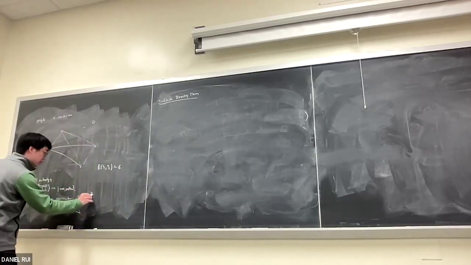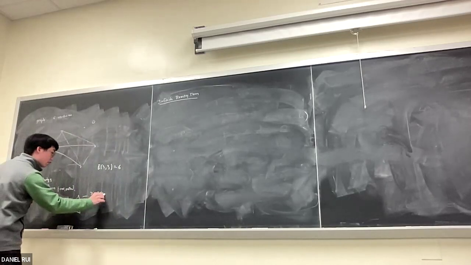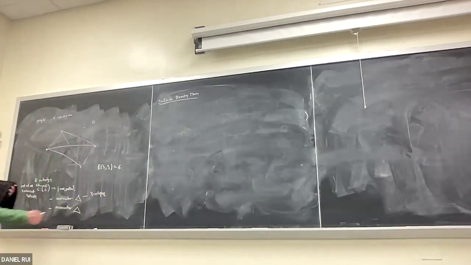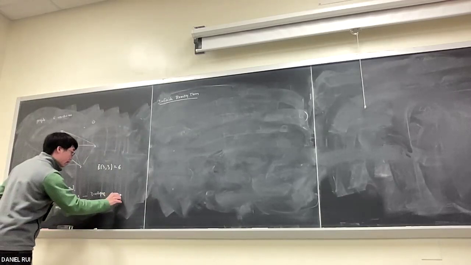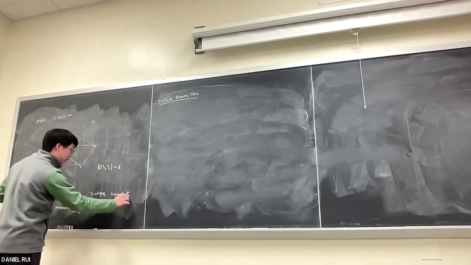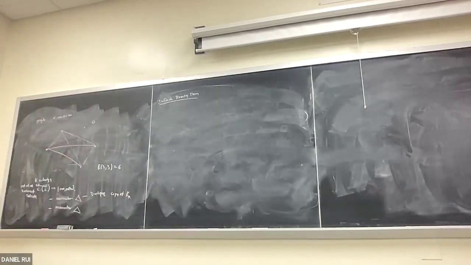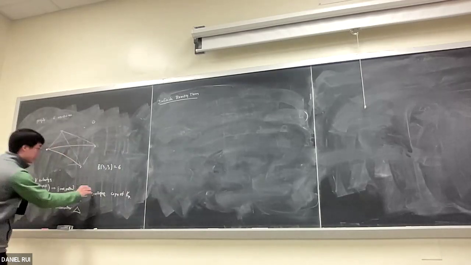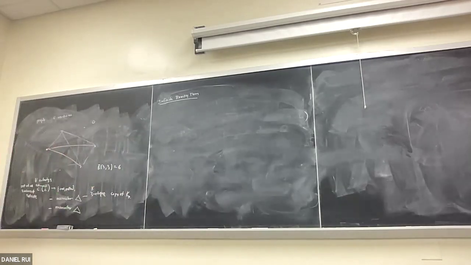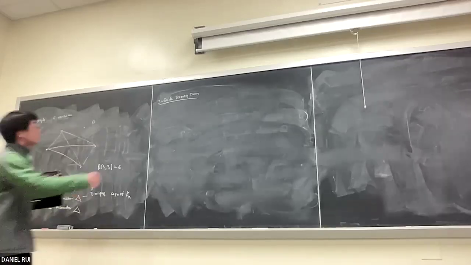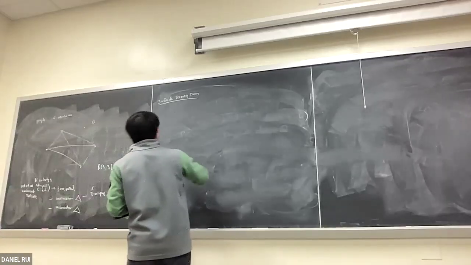I'm going to call this a 3-clique, which means a copy of the complete graph on 3 vertices. In general, I will be referring to k-cliques, so k for clique. But for the statement of the infinite Ramsey theorem, I actually don't need this.